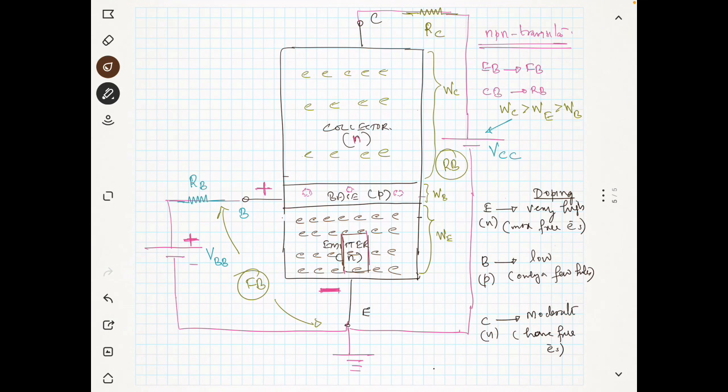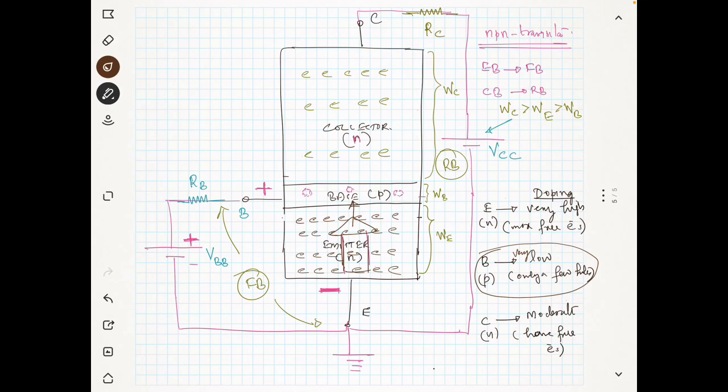So the electrons will be moving towards the base. A lot of electrons will be moving towards the base, but the width of the base is very small, and the doping concentration of the base is very low, as I explained.